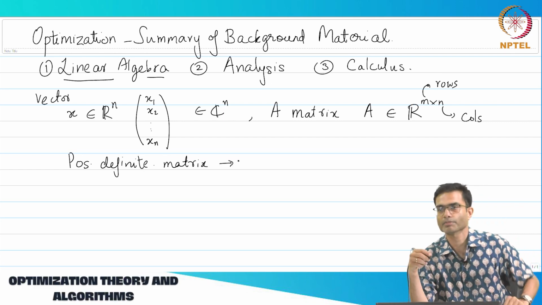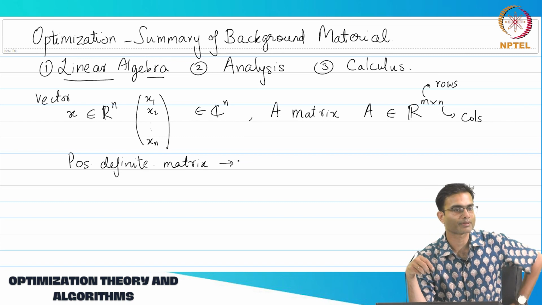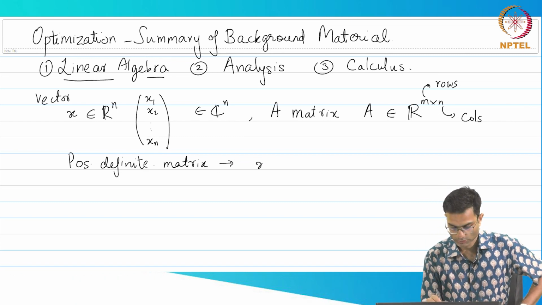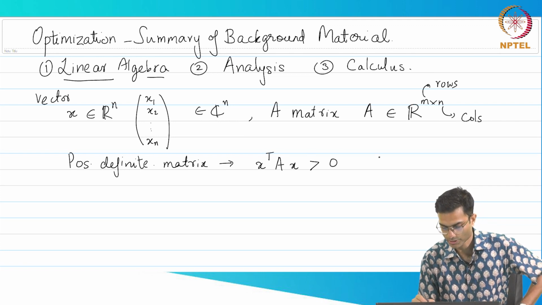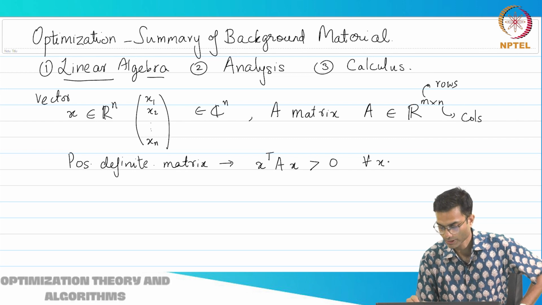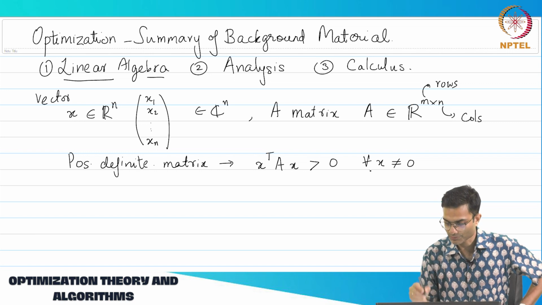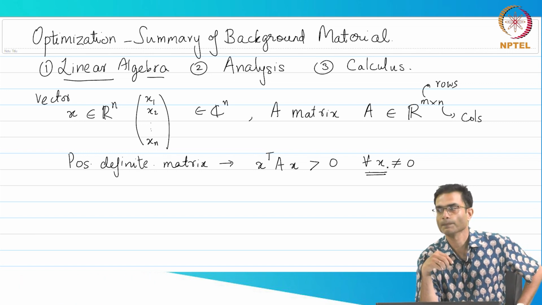Can someone remind me what the definition of a positive definite matrix is? So x transpose Ax is greater than 0 for all x not equal to 0. Okay. Now this for all x is important, right? It says pick any x you want.